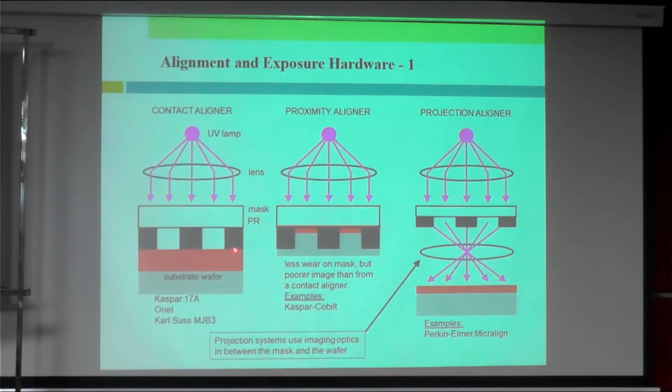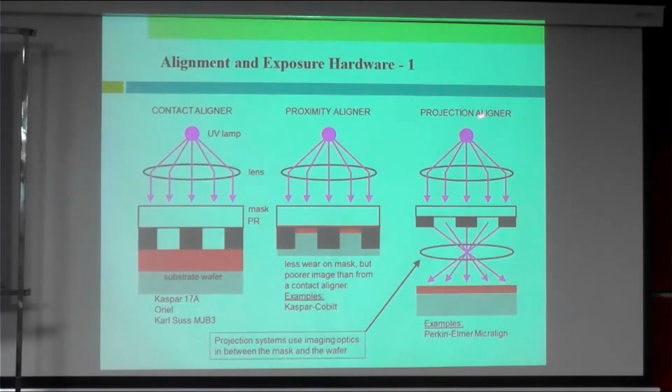So the alignment needs to be, this is, I mean, this is contact, where the mask is in contact with the photoresist. This aligner is just proximity. So there is less wear on the mask, but poorer image than a contact aligner. Meaning to say, it's not in contact, just above, maybe a few nanometers or micrometers on top of the mask, on top of the photoresist.